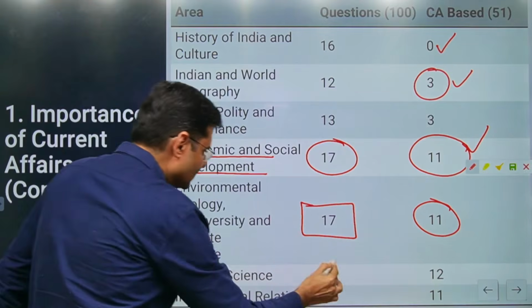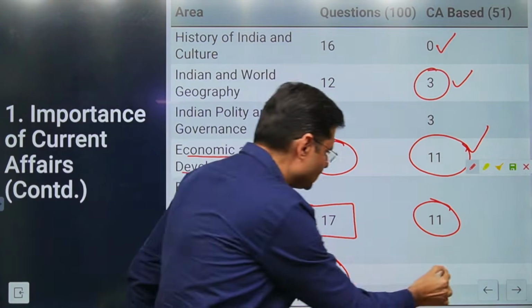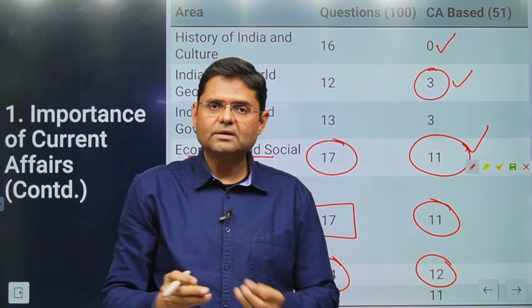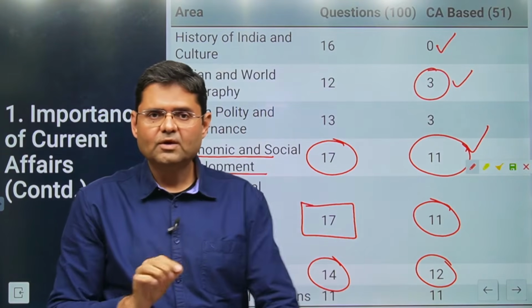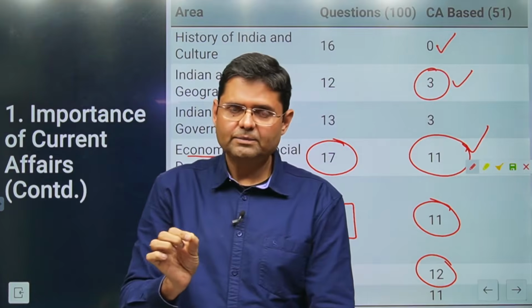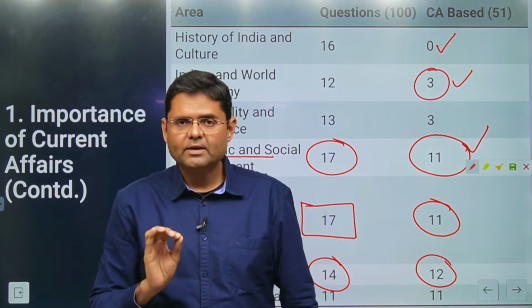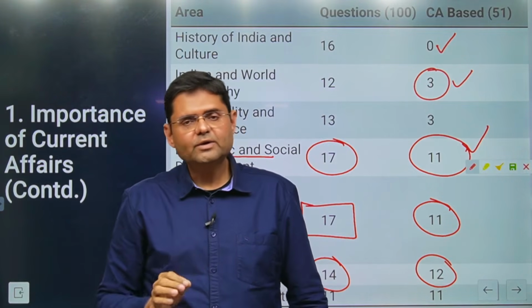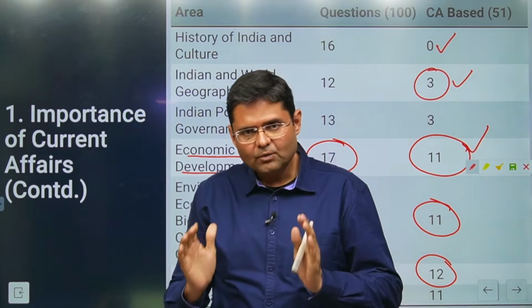What about general science, and include science and tech here also? So 14 questions were asked and 12 were somewhere in the news, and the majority of these 12 were repeatedly in the news. That means even if you are following a single newspaper, then even in that single newspaper, this would have appeared more than once within the horizon of even 1 year.